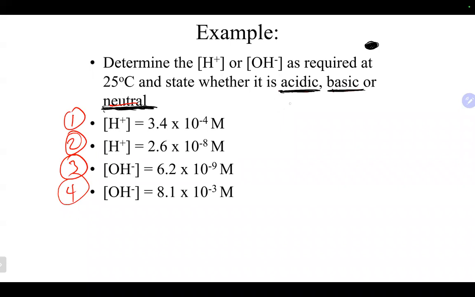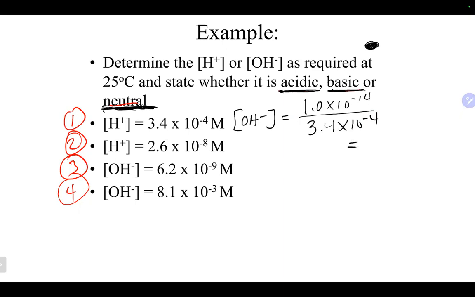So the good news is it's pretty much the same calculation. You're going to take 1 times 10 to the minus 14, and you're going to divide it by whatever concentration was given to you. So in the case of the first one, we were given the H plus concentration, which means we're going to take 1 times 10 to the minus 14, and we're going to divide it by 3.4 times 10 to the minus 4 here.